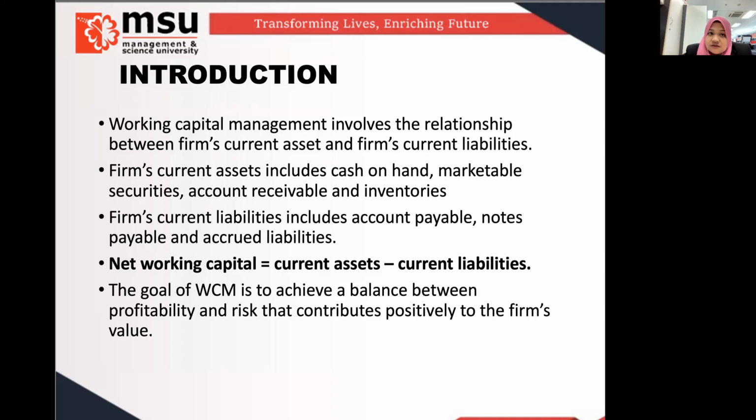We get the material first and then we pay later, so they become our accounts payable. All right, notes payable and accrued liabilities. All the accrued payments become accrued liabilities. All right, so an effective business will have effective working capital management. Okay.